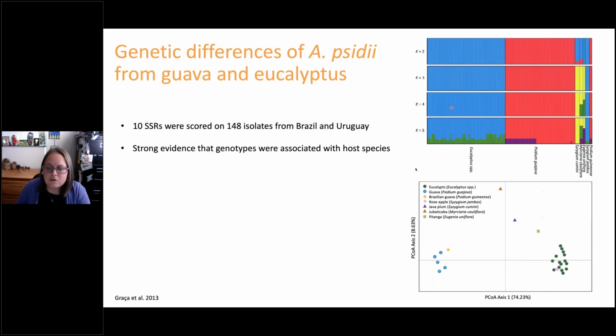They also showed, using their data in a PCoA plot, principal component analysis, that there was further evidence for this. Here you can see the guava biotype I've circled in blue, whereas the eucalyptus biotype I've circled in green, and they're really distinct patterns. So it looked like there are genotypes associated with different host species with Austropuccinia psidii.